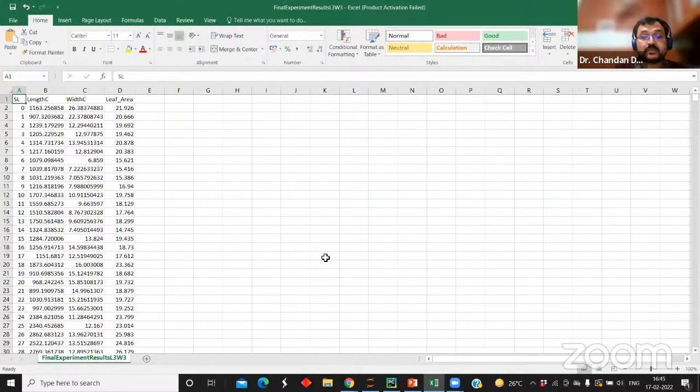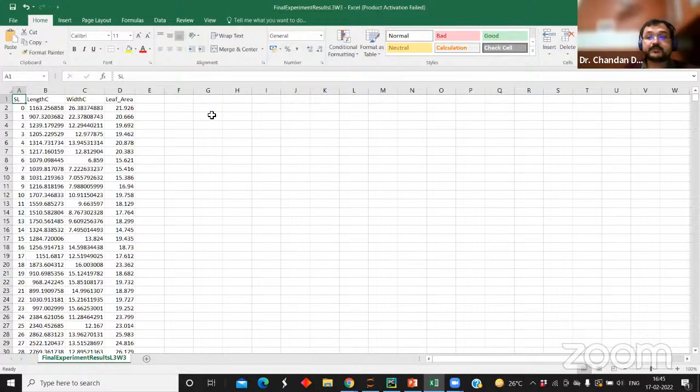So what we have done, we have used ImageJ to identify the length and width and also used the image to identify the area of that leaf.